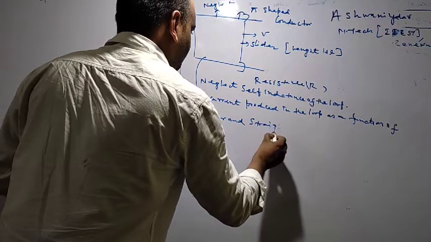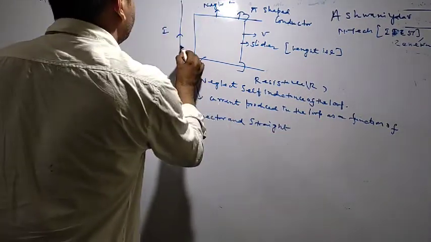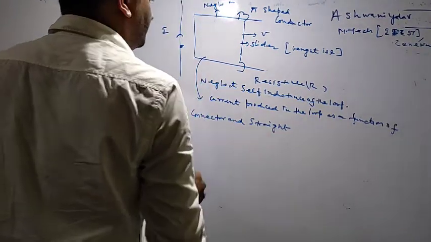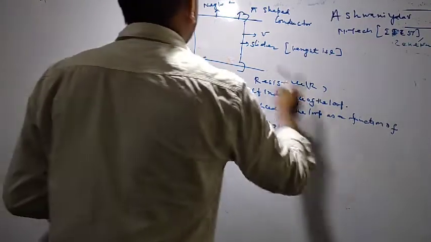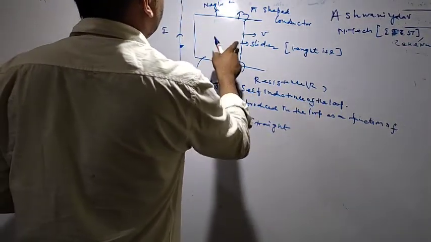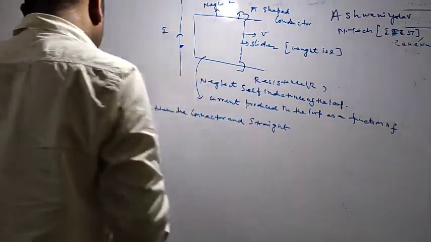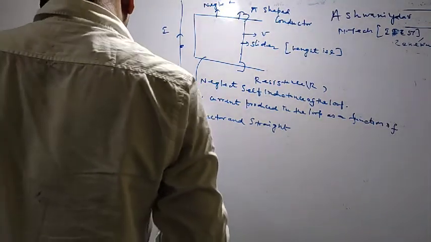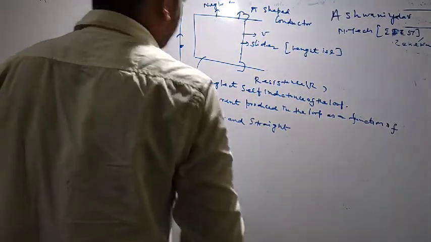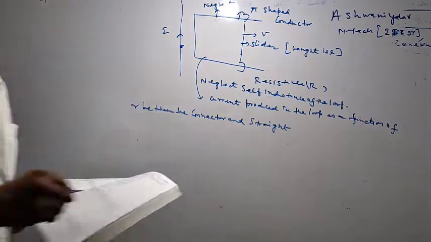So r is the distance between the connector and this straight wire. As a function of r, you have to find the current induced in this loop. This is your question.